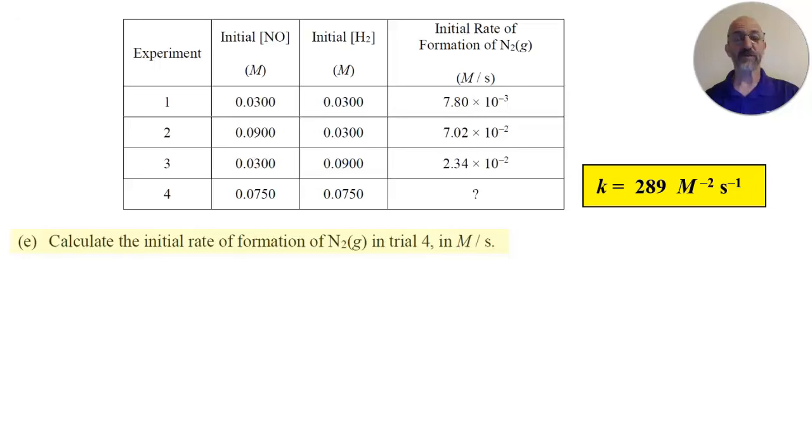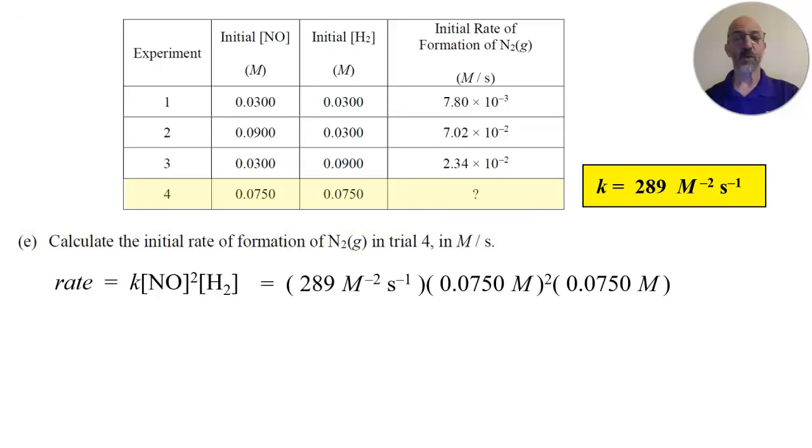So all we have to do is plug in the rate constant, which is 289 molarity to the negative 2 times second to the negative 1, and then times the initial concentration of nitrogen monoxide squared times the initial concentration of hydrogen.